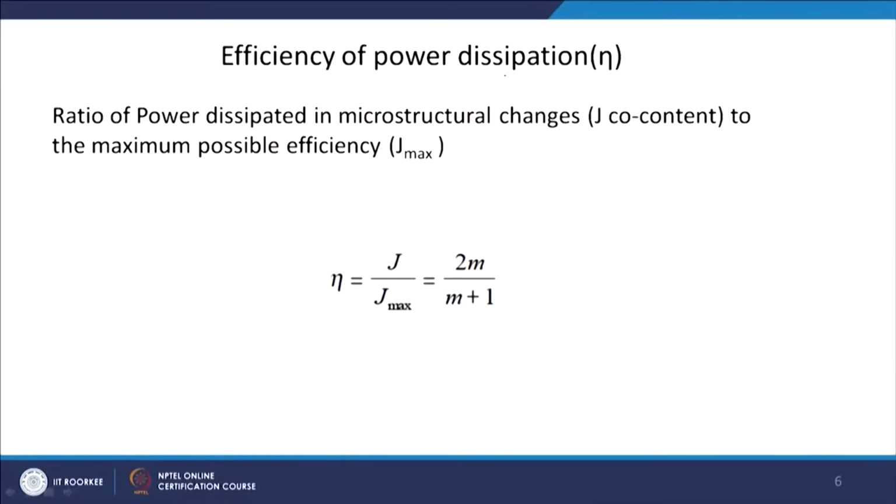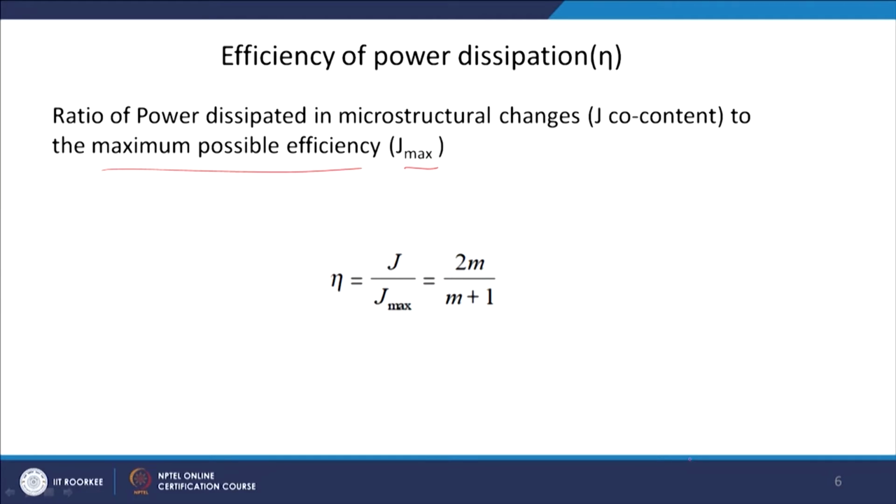So, basically they have defined the efficiency of microstructural change, by efficiency of power dissipation, which is a factor we call eta. Okay. So, what it says is the ratio of power dissipated in microstructural change, J co-content, divided by the maximum possible, which is J max, which is half sigma epsilon dot, as I just told you.